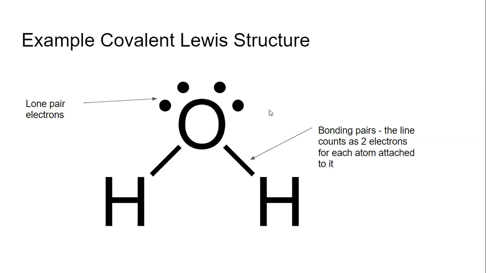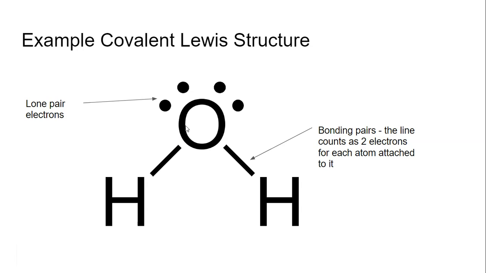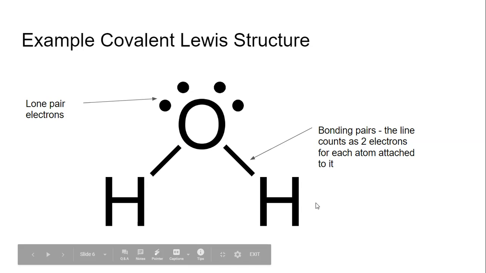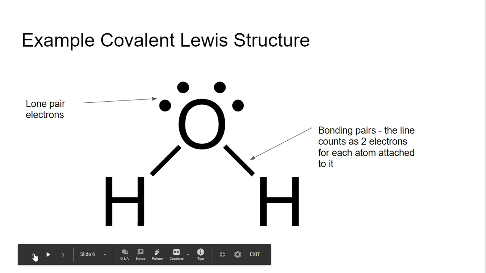So if we look at water, which is H2O, oxygen has to go in the middle because hydrogen can't. If I add up how many they need to be full, oxygen needs 8, and each hydrogen needs 2. So 8 and 2 and 2 is 12.